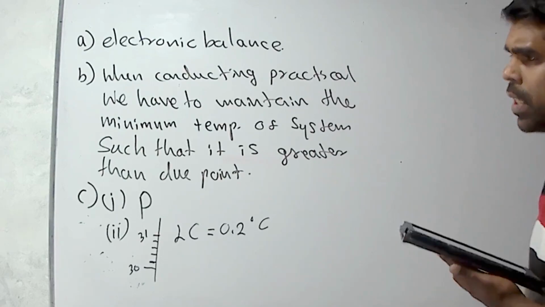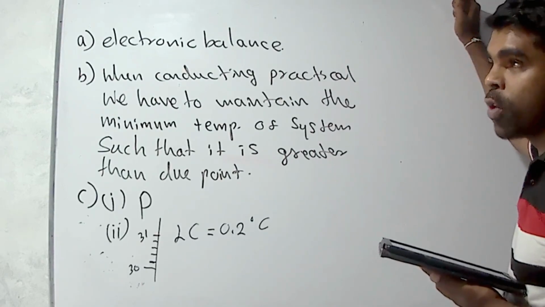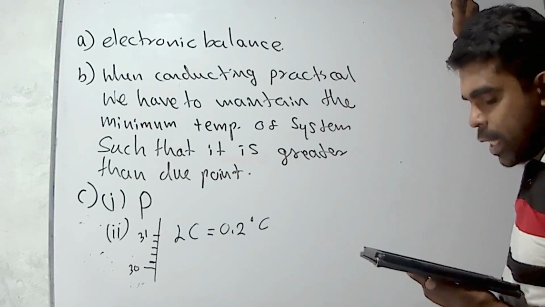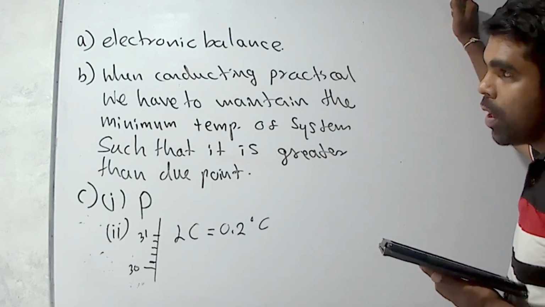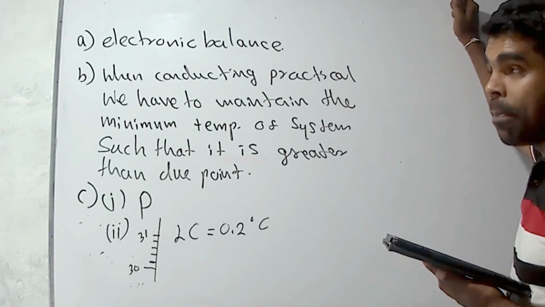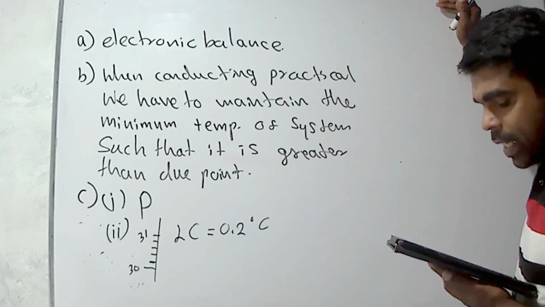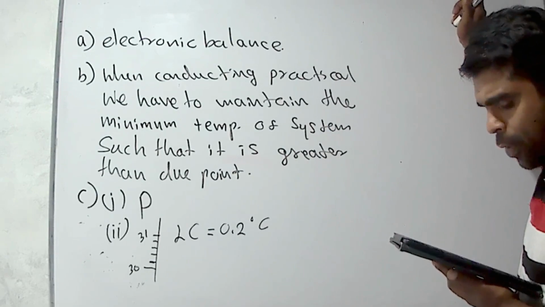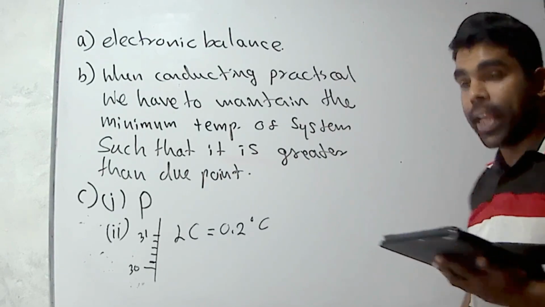But it is not useful for the experiment because they have given that room temperature is 30 degrees, dew point of system is 24 degrees. Therefore, we have to do the practical between the temperatures 30 and 24. Therefore, we have to measure only temperatures between 30 and 24. Therefore, it is not useful to use a long range.